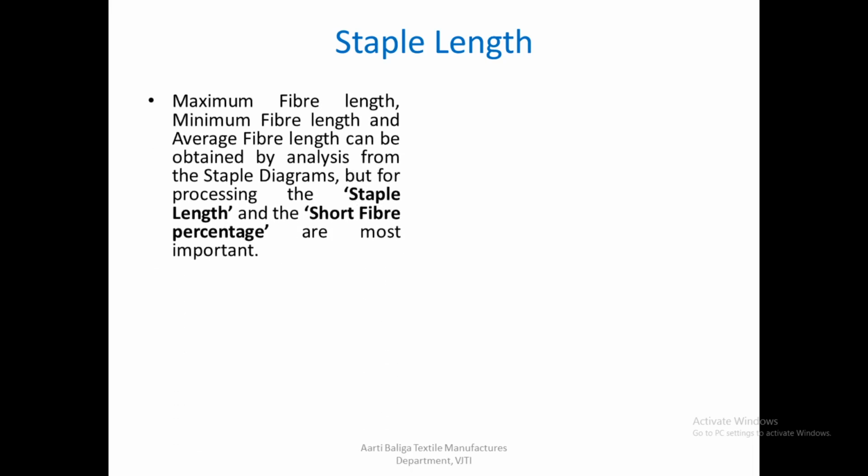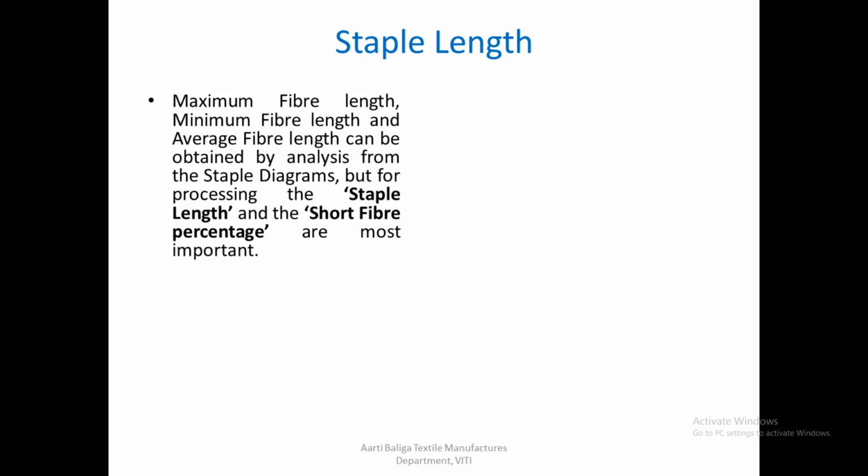So let us understand the term staple length, or effective length. From the staple diagram that we get, we can get a number of data. One being the maximum fiber length. You can also find out the minimum fiber length. You can also get the average fiber length from the diagram.